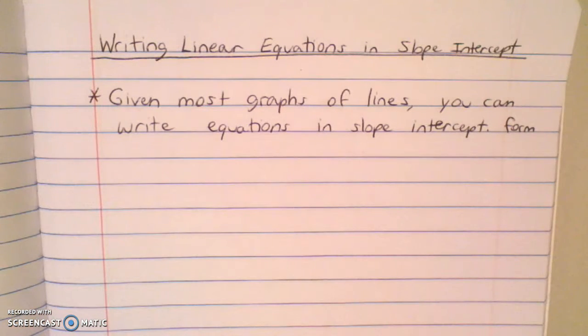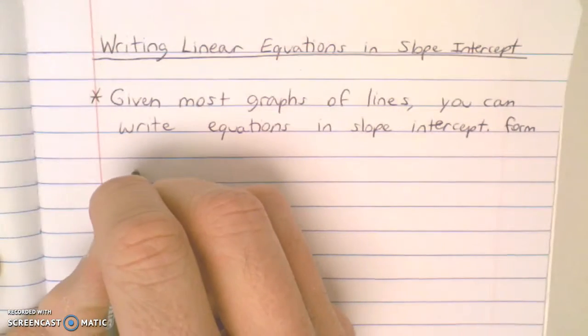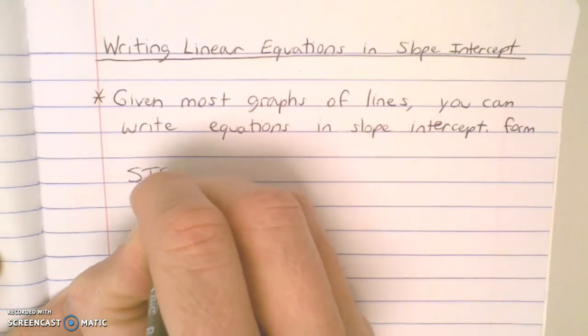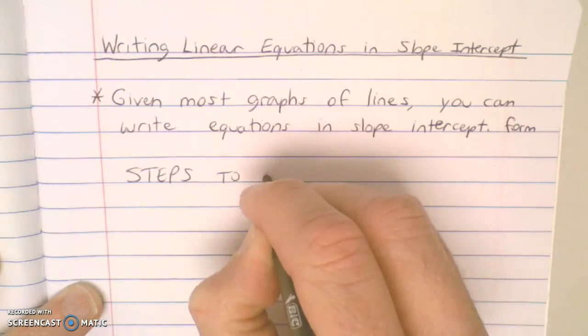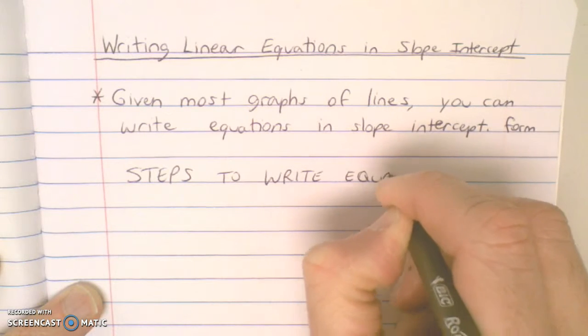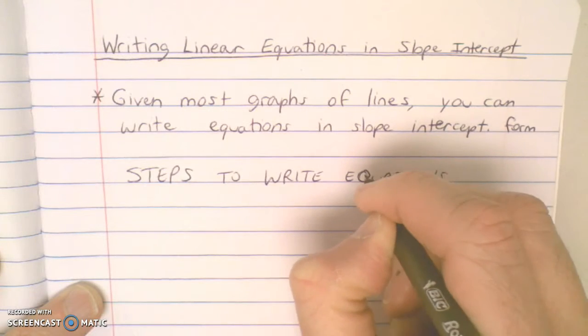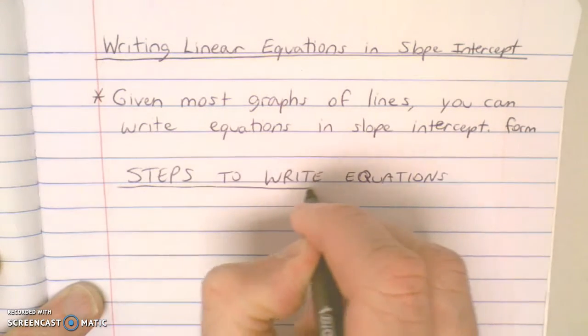So given most graphs of lines, you can write equations in slope-intercept form. And there's a couple of steps to follow when you're doing that. So steps to write equations.